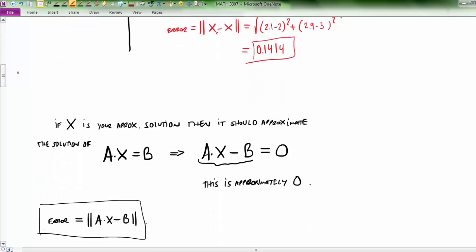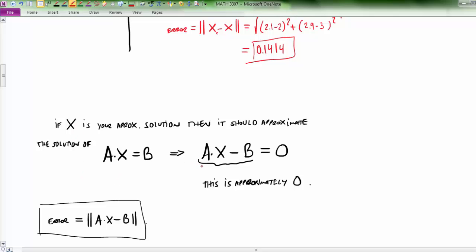Now, this definition of error is useful because you want to check your solution. Once you solve a system, you want to check whether that approximate solution that you get is okay or not. And you need the error. So there are two ways to compute the error.